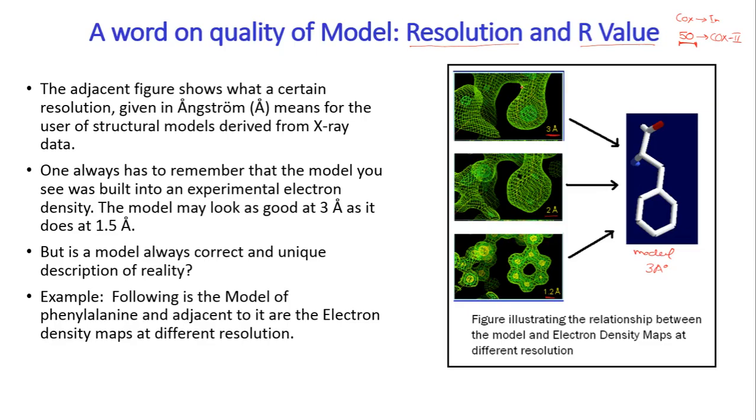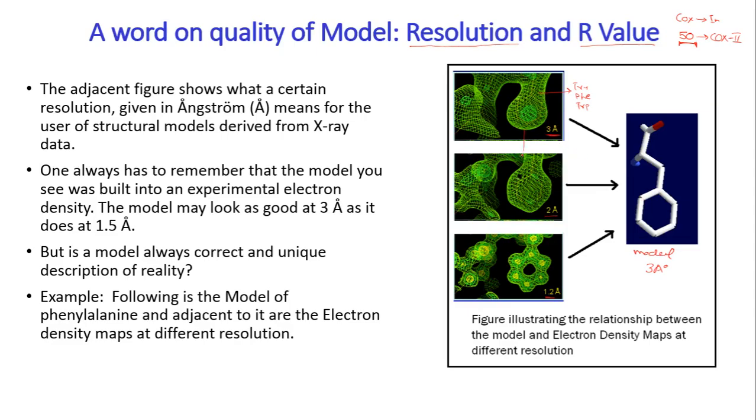At 3 Armstrong resolution, the electron density appears just as a blob. So you can fit tyrosine here, you can fit phenylalanine, or you can even fit tryptophan, because this does not allow you to precisely place the atoms in the electron density map.